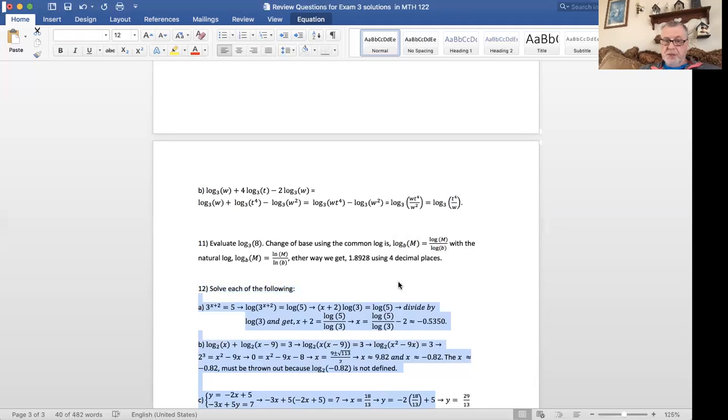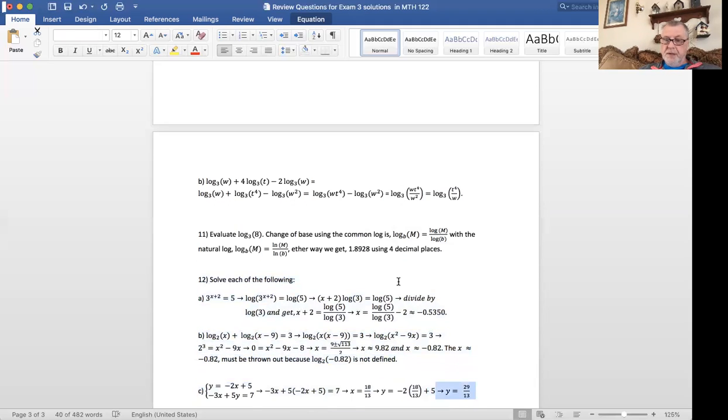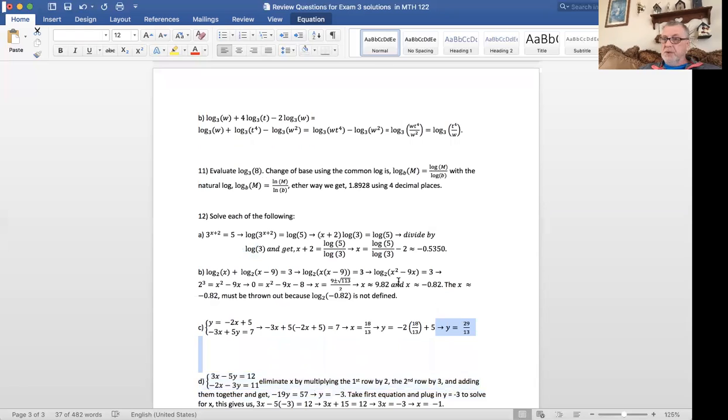Solving equations, we have several things to solve in this test. We have 2x2 systems, 3x3 systems, exponential equations and log equations. With an exponential equation, the first thing you do is isolate the base and the exponent. We already have that done. Once that's the case, you log both sides. So we log the 3 to the x plus 2 and log of 5.